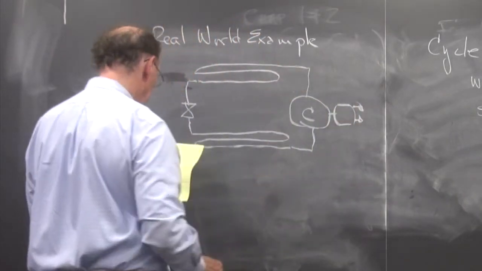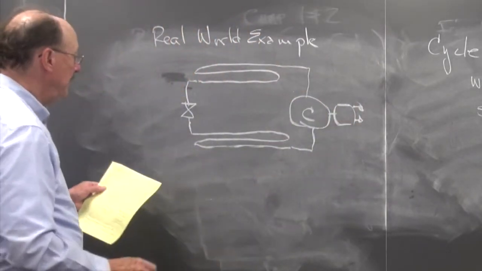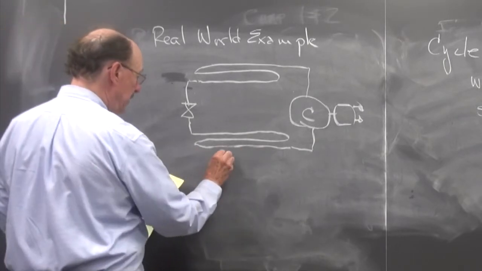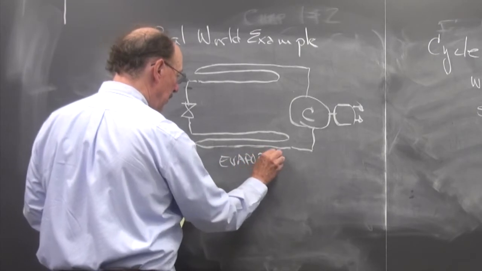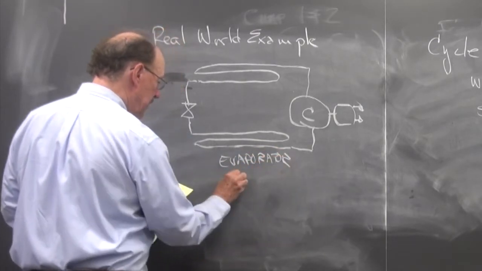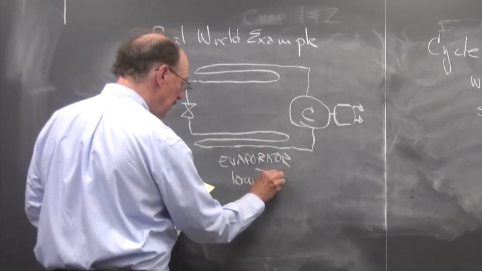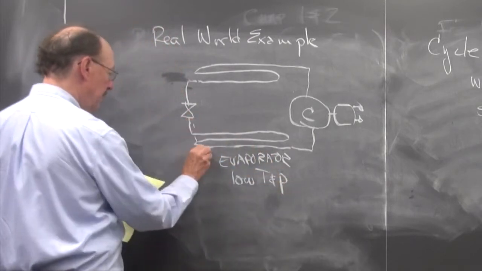The compressor back here. And so this is an evaporator, which has low T and P. So that's this.